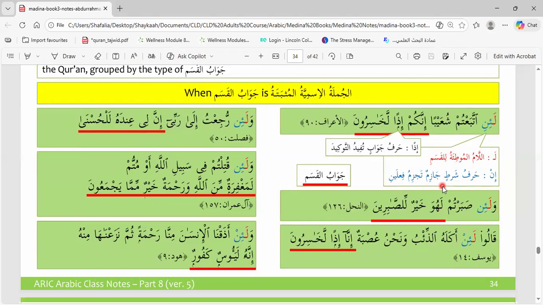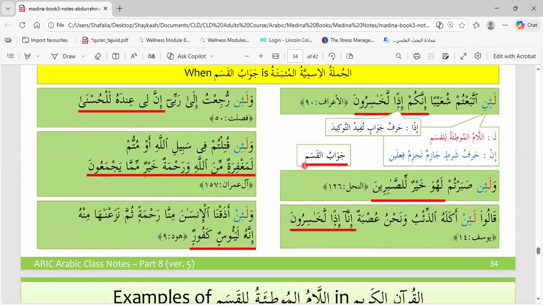So this is either a harf al-jawab here, and here we have the same of the lam of qasam and the harf al-shart, and then the inna as the condition of the shart, or is part of the shart, which we looked at in the second lesson.